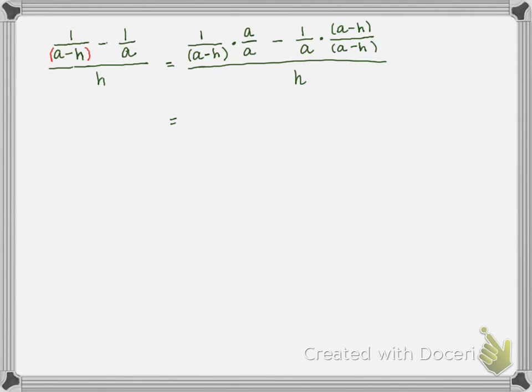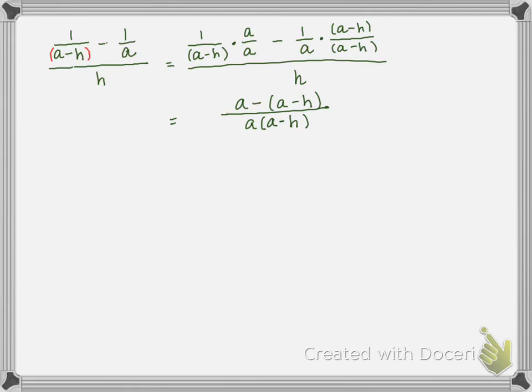And then probably one of the most common errors on these, and also the difference quotients, is not distributing the negative. So I have parentheses around that a minus h right now, and I'm going to keep the parentheses there until I know for sure that I don't need them. So we have a minus h. If you really like it, you can put the 1 there. And then that's over a times a minus h.